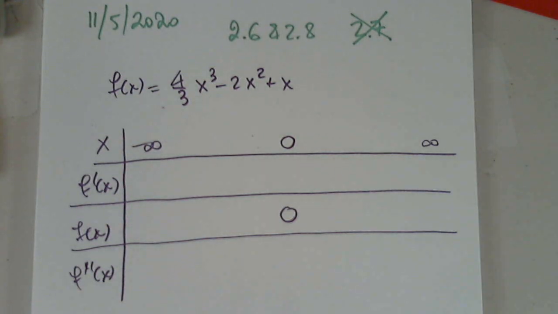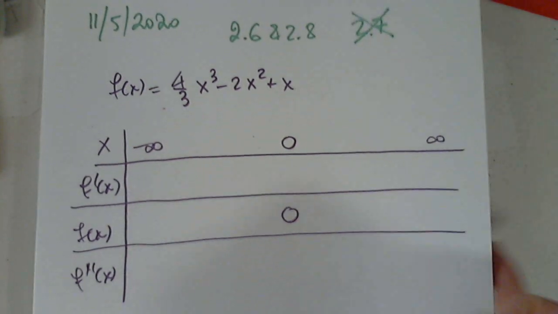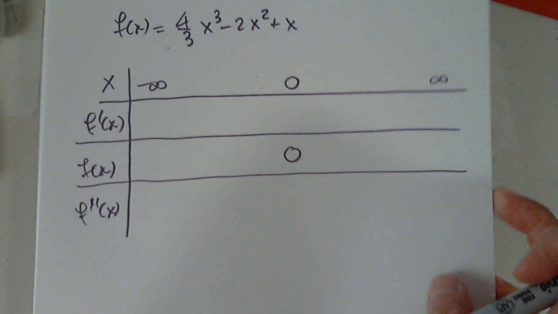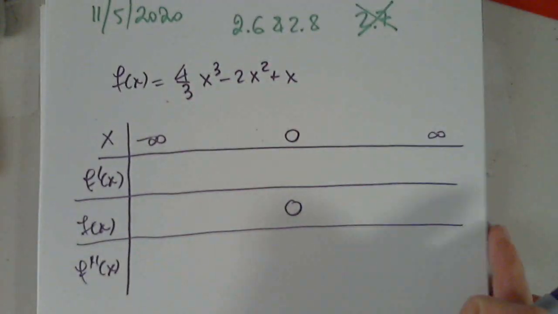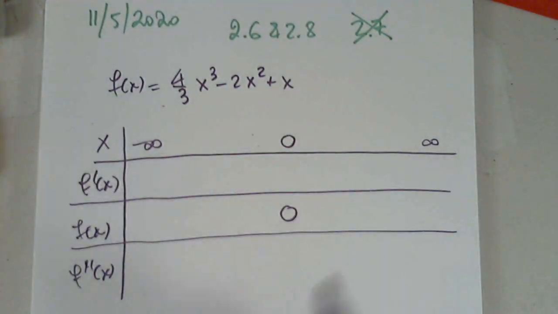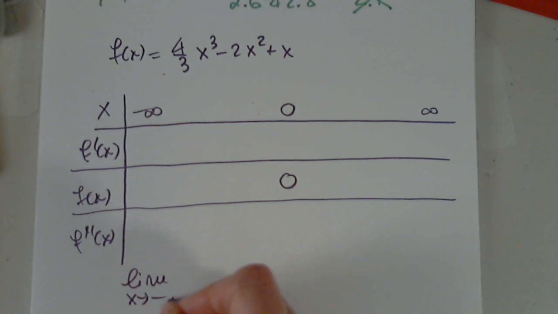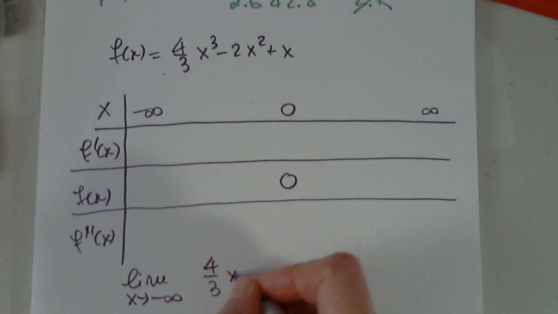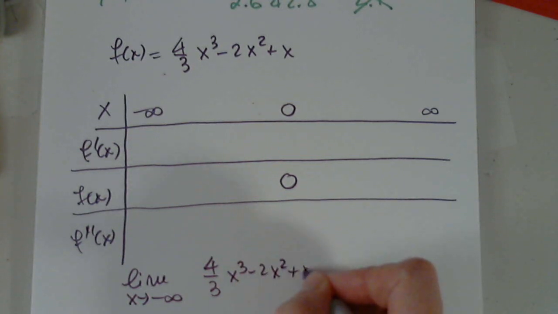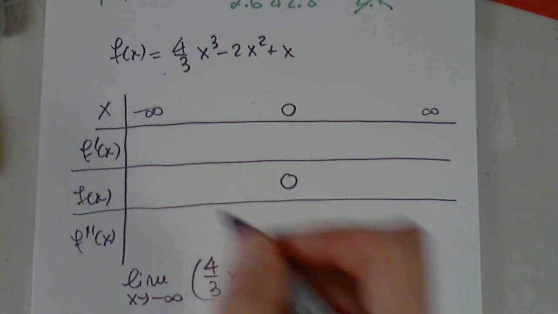Good. So next step, I have to find the limits. Limit as x approaches -infinity of 4/3 x cubed minus 2x squared plus x, the answer is -infinity.